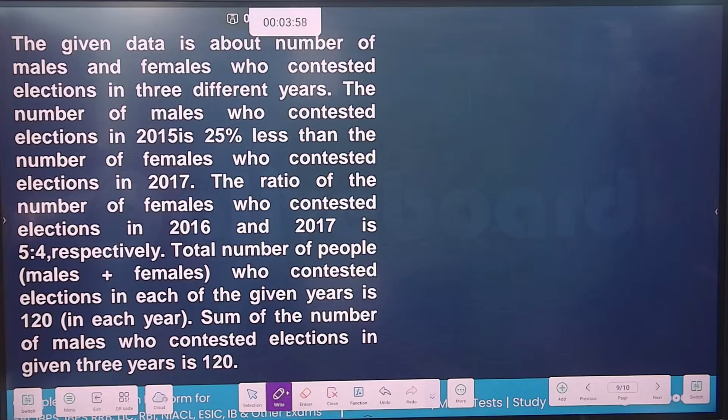Read the question properly. I'm giving you 5 minutes just to make you solve.